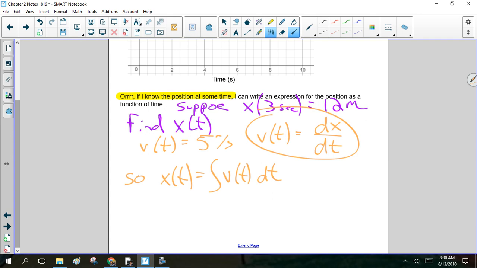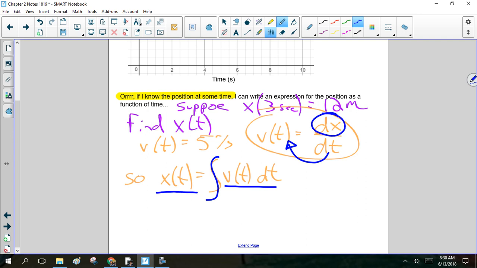Okay? I don't know if this helps any. If you multiply both sides by dt, that gives you the v dt, and then taking the integral turns the dx into x. This is a little bit mathematically sloppy, but that's kind of how I always think of it.